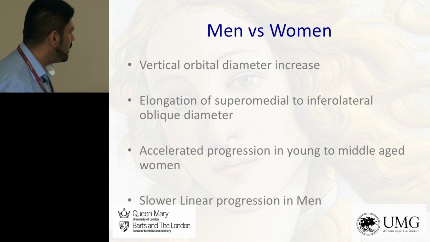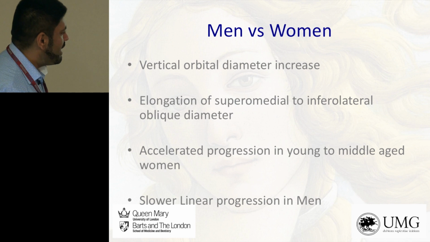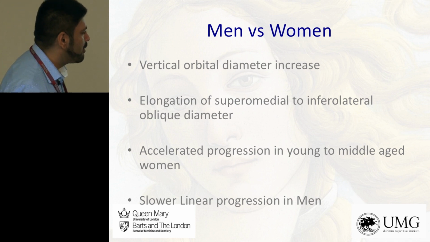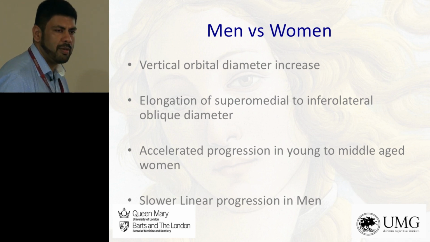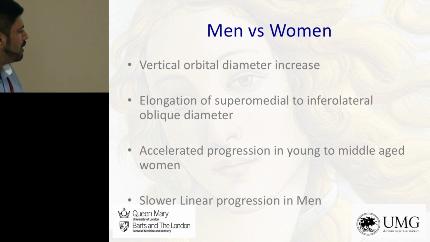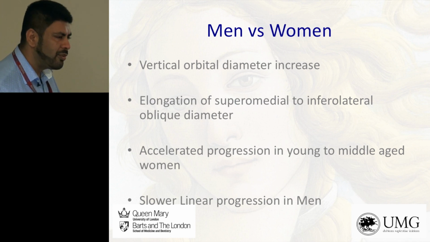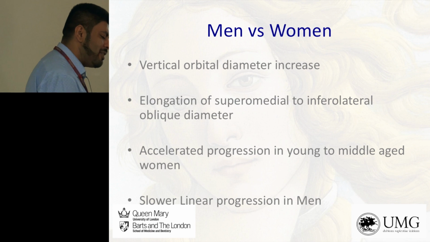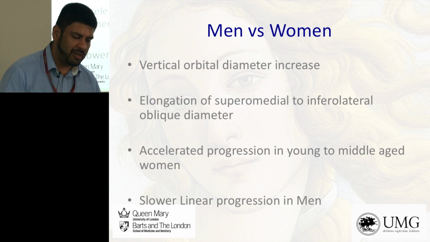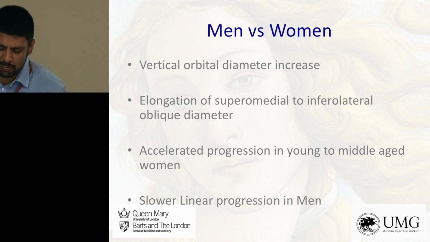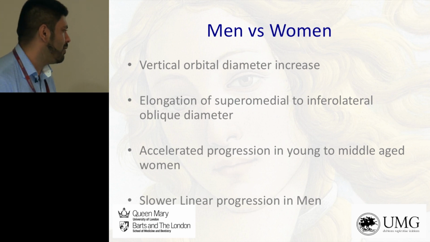Now, this actually, he found, had a more accelerated progression in young to middle-aged women. So with men, they had a slower, more linear progression. Now, whether this has to do with hormonal relationships and bony absorption, I can't really tell you. I'm not an expert in that.